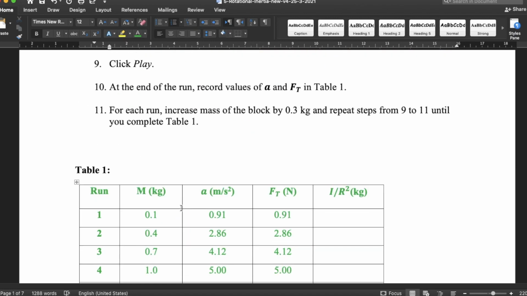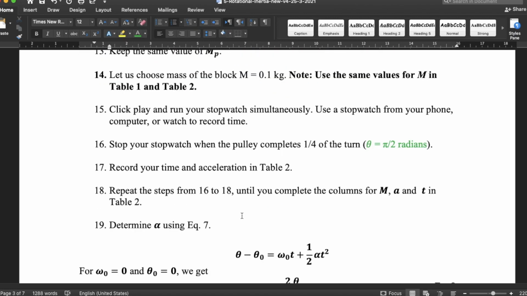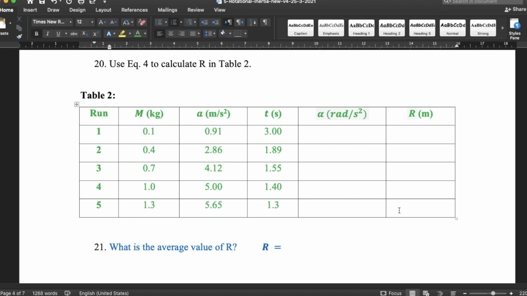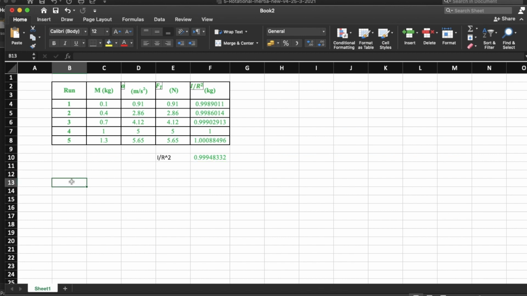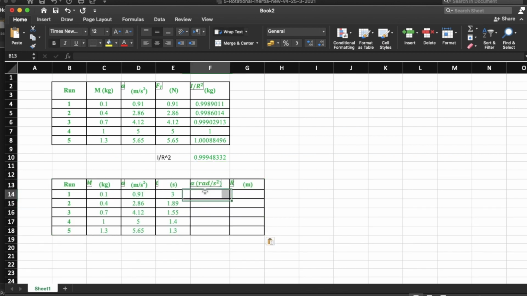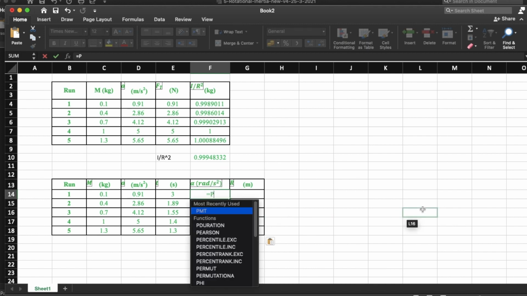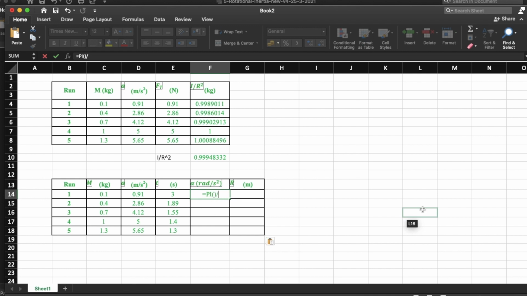Okay, so copy this table 2, and go to Excel. Paste. So to find alpha, remember that you have to write pi in the numerator divided by the time squared. Do the same for the other values.